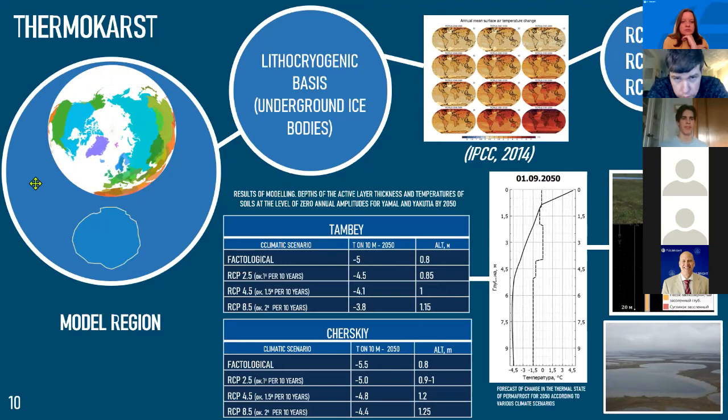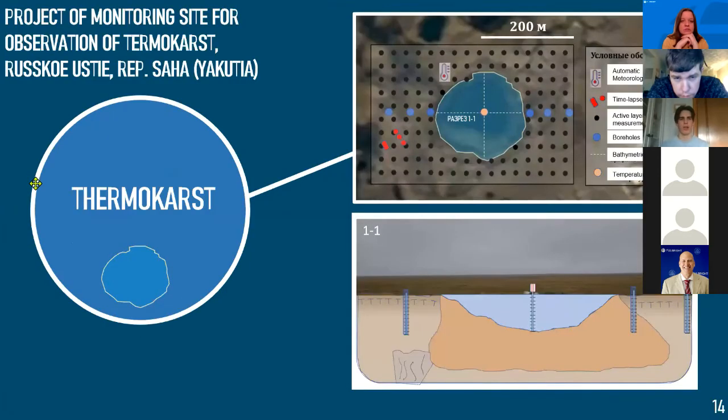That means that thermokarst depends more on local factors, such as local hydrology of the surface or local snow redistribution, like Anton just said. We also prepared a project of a monitoring site for observation.